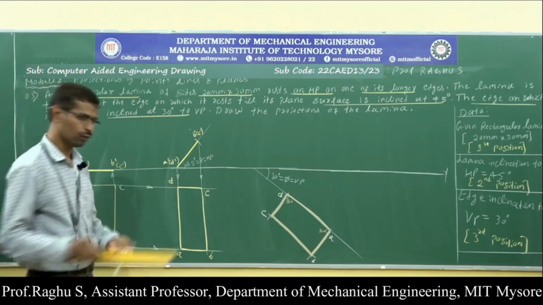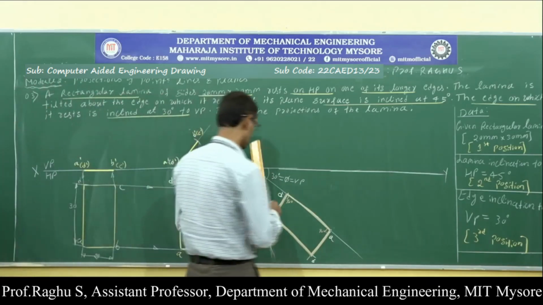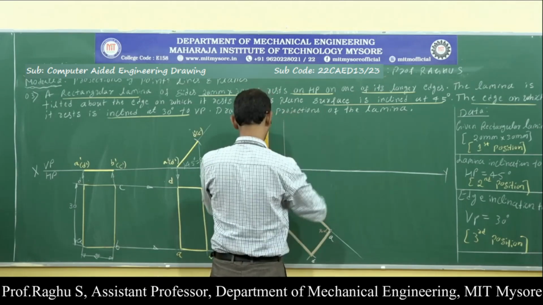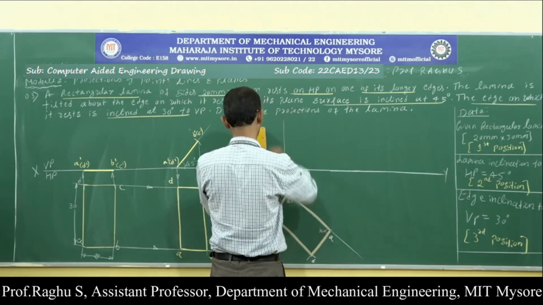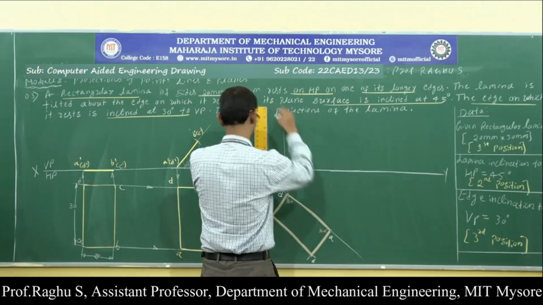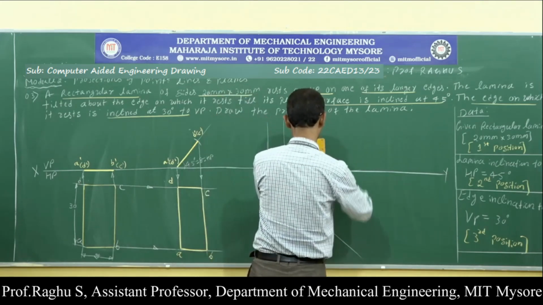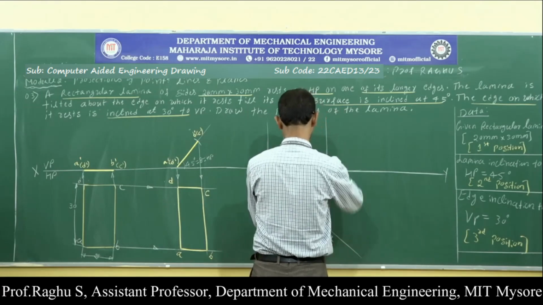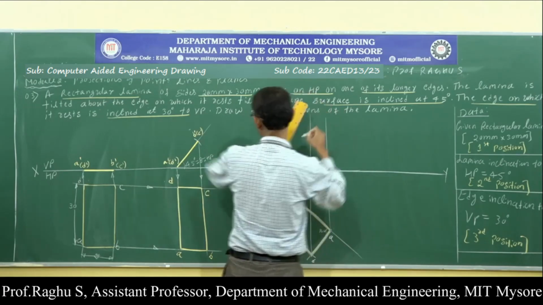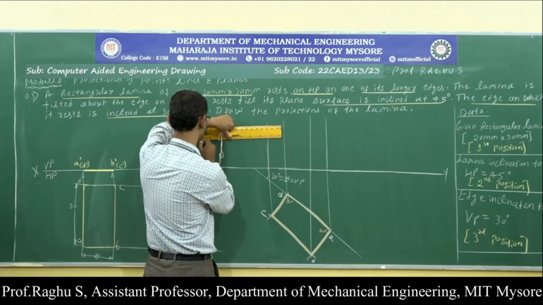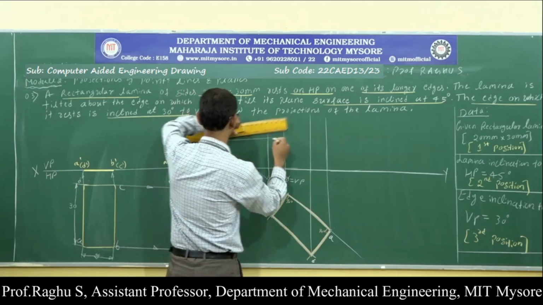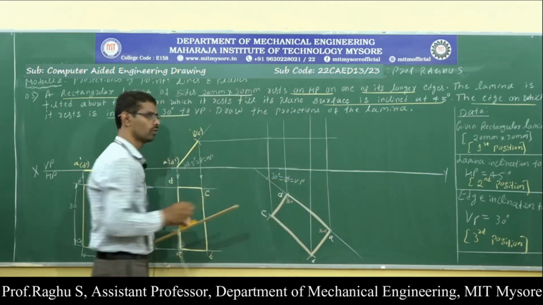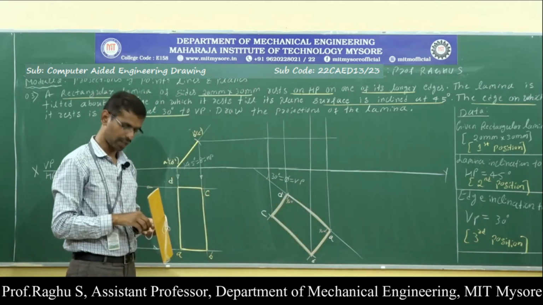Now to get the final view, draw vertical upward projections from all the 4 corners. Similarly, draw horizontal projections from the second position, front view.